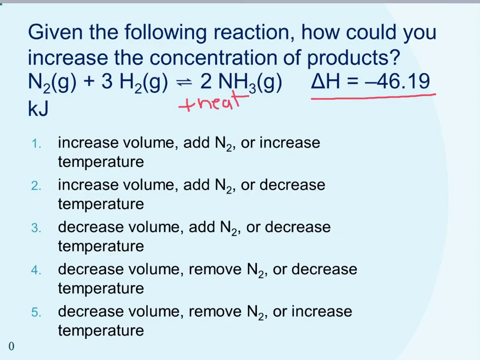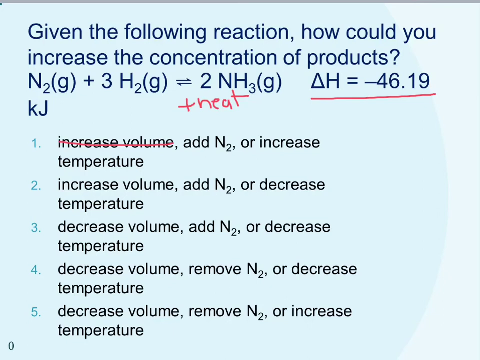So if I want to favor the formation of products, so I want to add more NH3, what I'm going to see is that if I increase the volume, so increasing the volume will decrease the partial pressures, and this reaction will shift towards the left because I have more moles of gas on the left than I do on the right. So I see that increasing the volume is not going to help me get to the formation of more products.